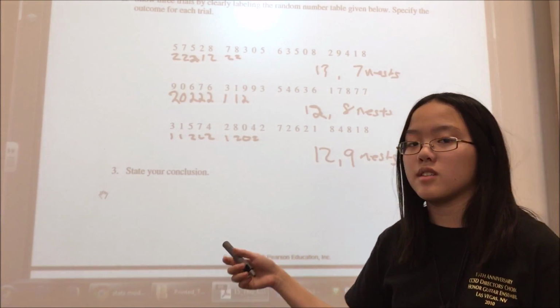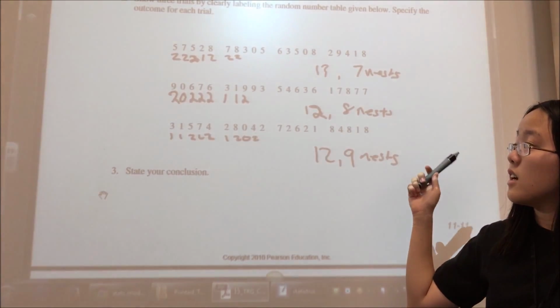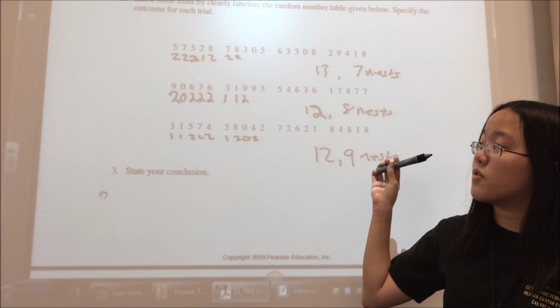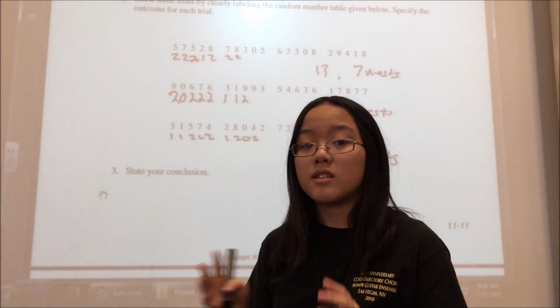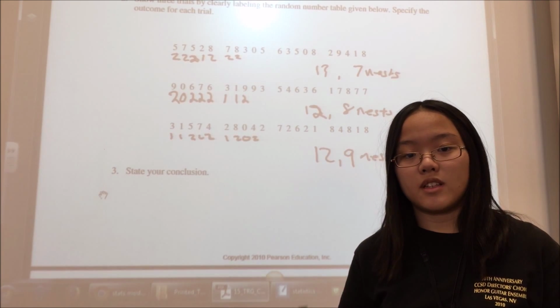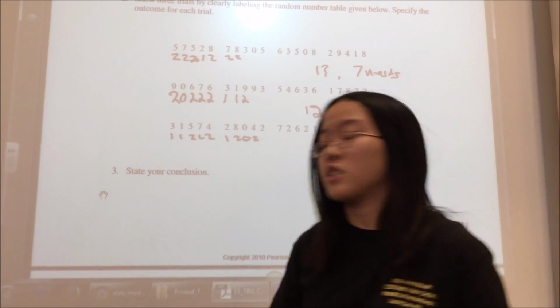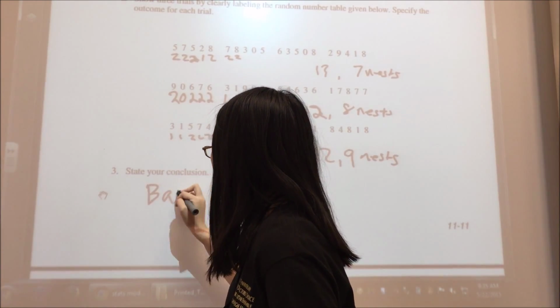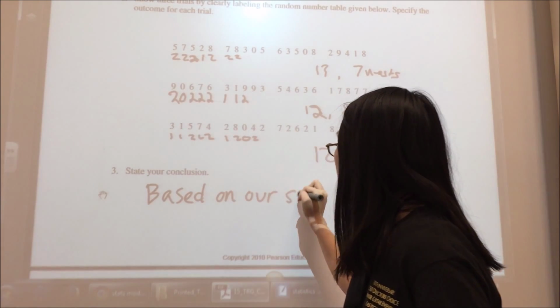So our conclusion is we have to state the average number of nests that one would need to visit in order to find a dozen eggs based on this simulation. We have to remember that this is a simulation and that it only simulates reality. It's not really reality. So when we state our conclusion, we don't use the word will, we use the phrase based on our simulation.